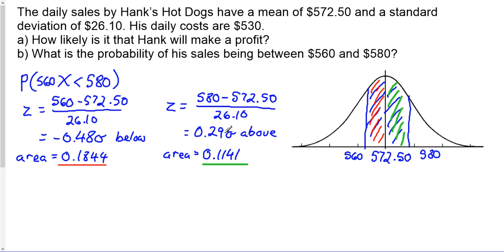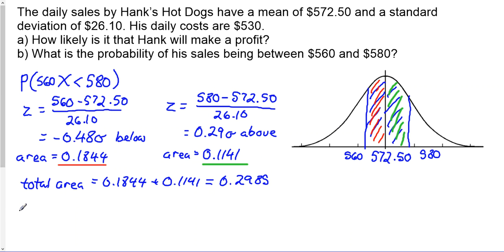So obviously if we want that total blue area, the area between 560 and 580, we need to add those two areas together. So our total area is going to be 0.1844 plus 0.1141. Adding those together gives us 0.2985.